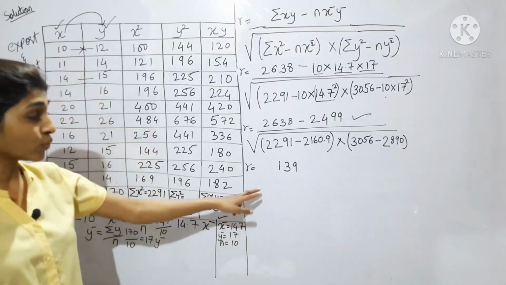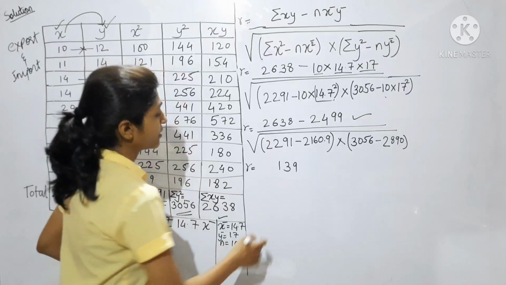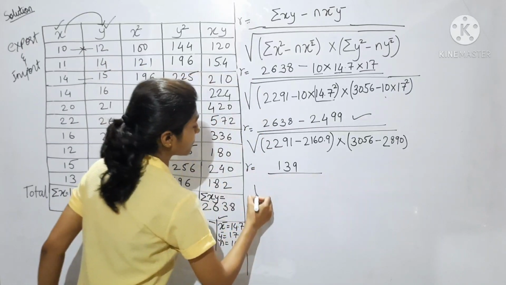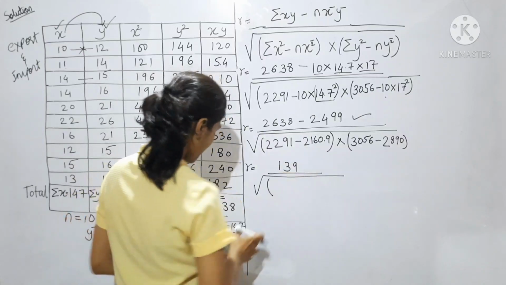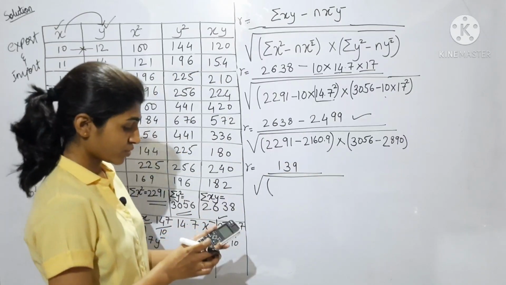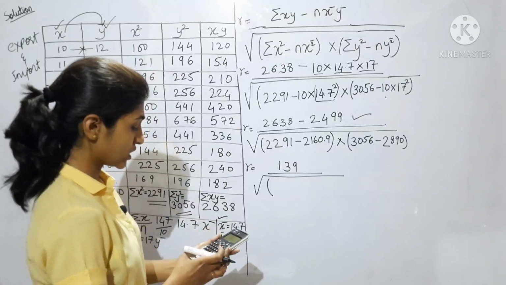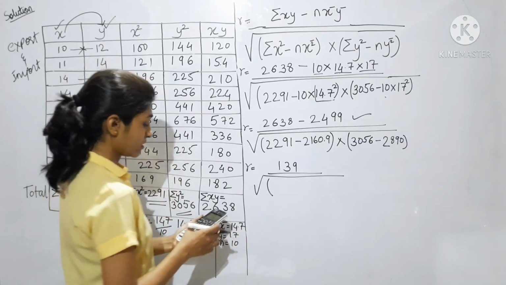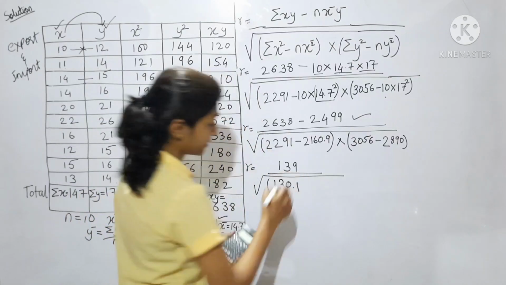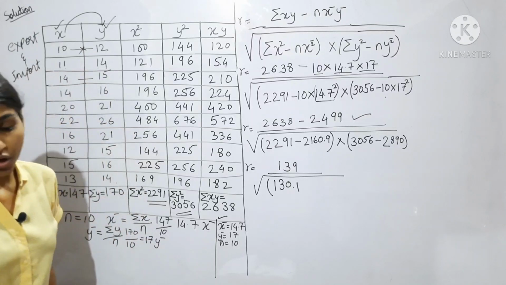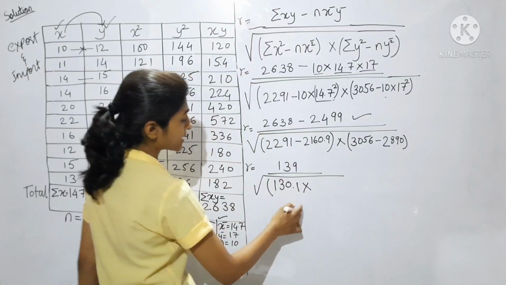Check whether you are also getting this answer, 139. Next, bracket minus this, 2291 minus 2160.9, you get 130.1. Sign will be as it is.